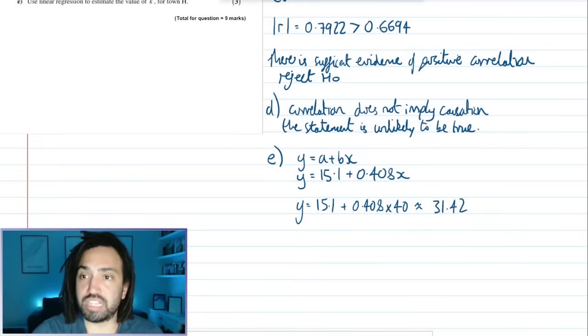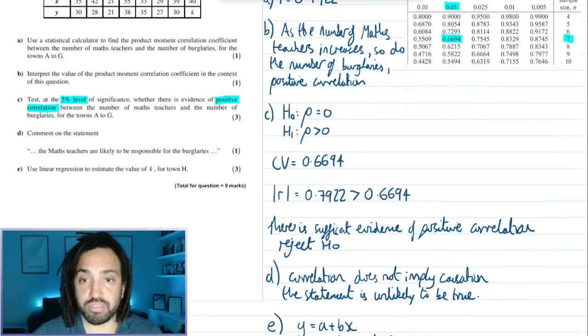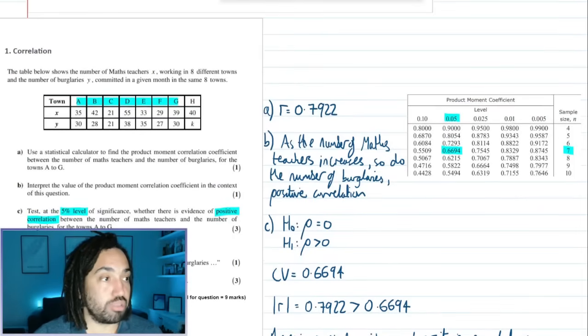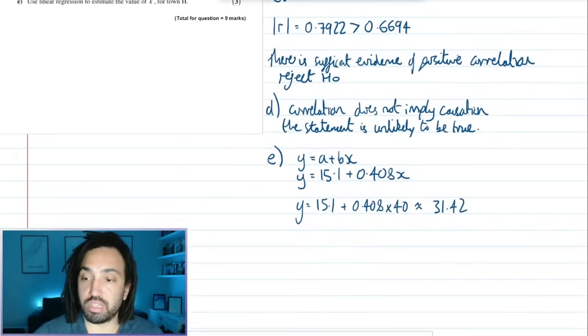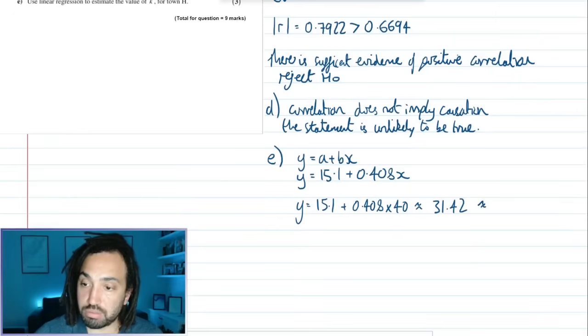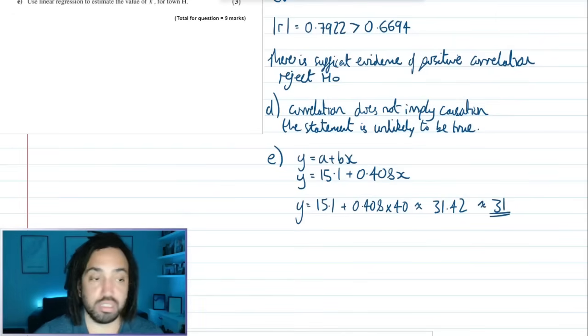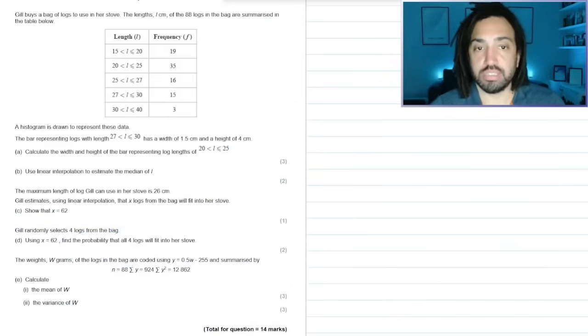Perfect. And all the y values were given to the nearest whole number, as we can see here. So I would make sure that I would do that as well. So that's 31. Perfect.